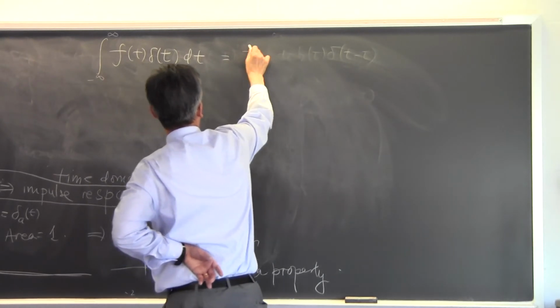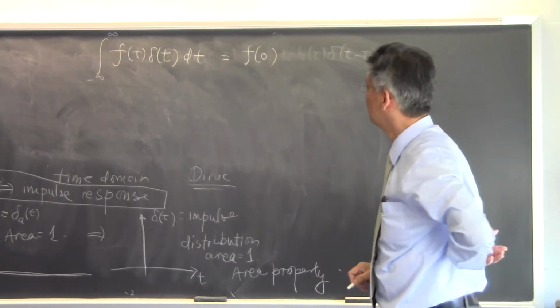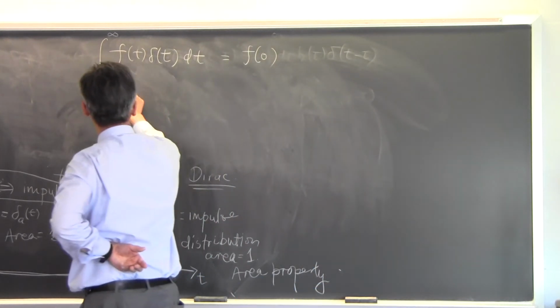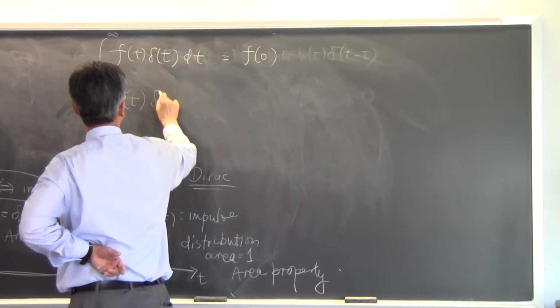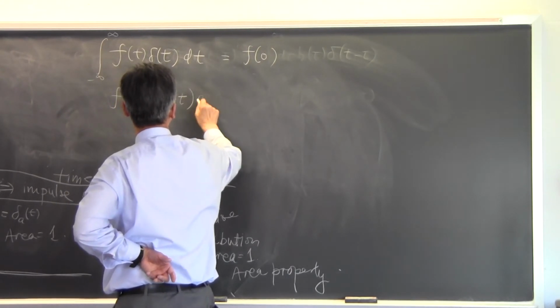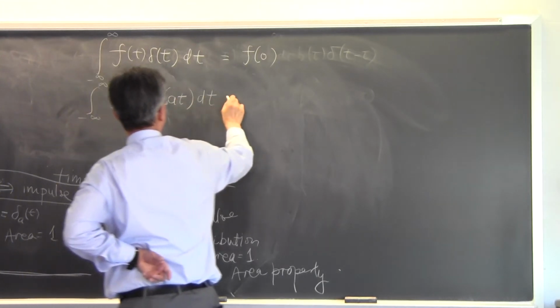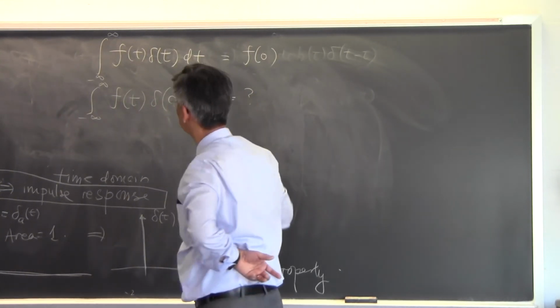And you know that this is equal to f of 0, right? This is f of 0. What happens if I have the integral of f of t delta, and I scale the argument, a times t, dt? What is this equal to?